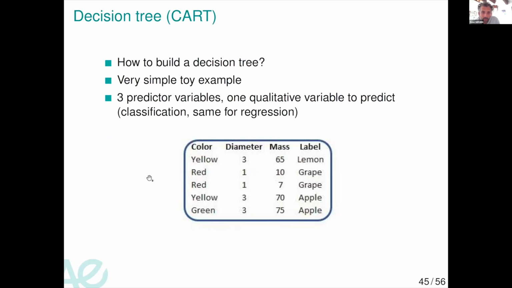So you have here three predictor variables: the color, the diameter, and the mass, and one qualitative variable to predict, the label. So you could see that that's fruit. So here we are in the classification framework, but that's the same for regression.